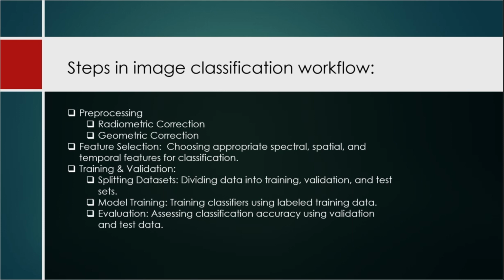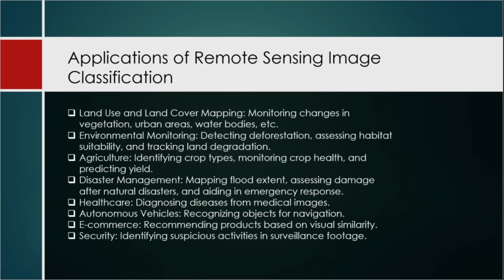And then you have training and validation, so splitting data sets, dividing data into training, validation, and test sets. And this step also includes model training, so training classifiers using labeled training data. And then finally, evaluation, assessing classification accuracy using validation and test data. So those are the major steps in the workflow.